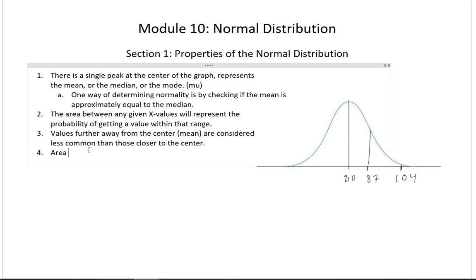Okay, let's see here. The area under the curve, so the entire area under the curve is equal to 1. We say that because, again, the area under the curve between any given points is supposed to represent probability. So the full curve should represent 1 or 100% of the data.